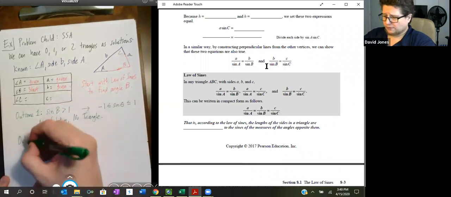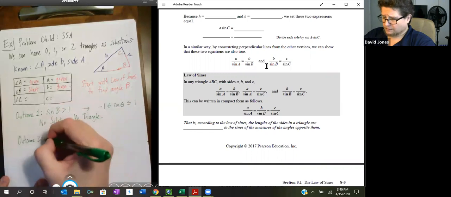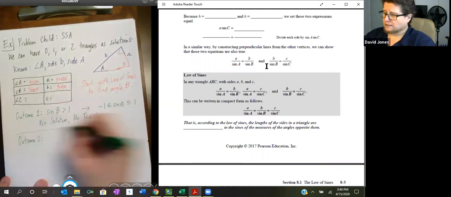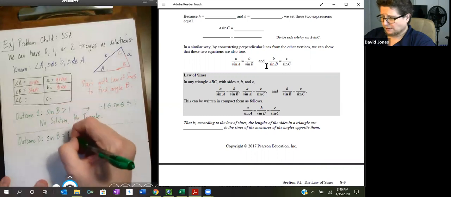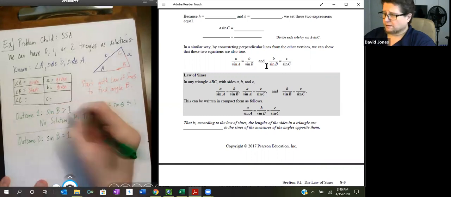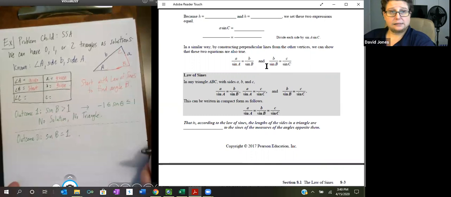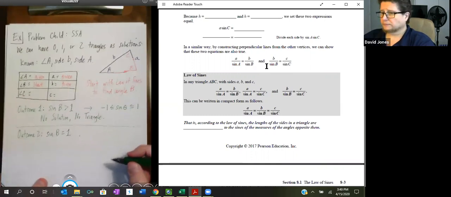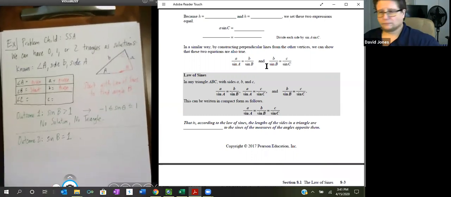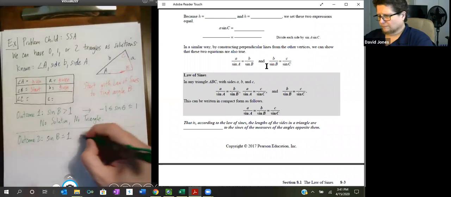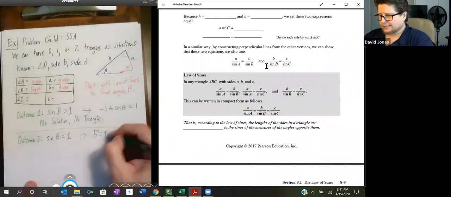Outcome 2: sine of B equals 1. What does that tell us? When does the sine of B equal 1? B has to equal 90 degrees.